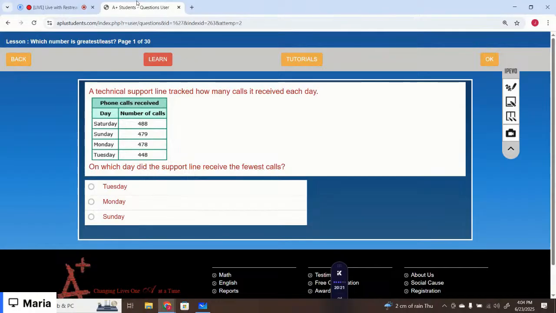Which is the smallest number? 488, 479, 478, and 440. That is 440, on Tuesday. That means on Tuesday the support line received the fewest calls. The correct option is Tuesday.